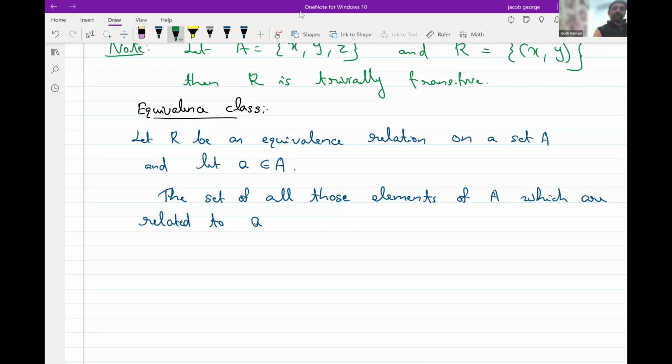In brackets we write x is related to small letter a, that is, x R a.